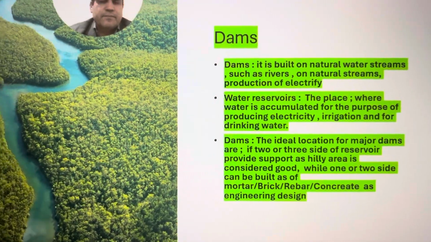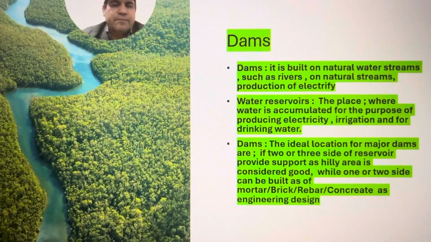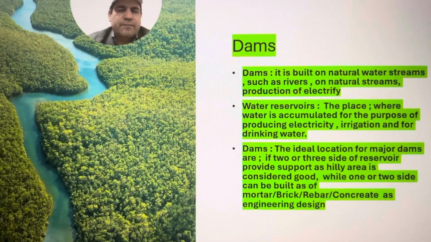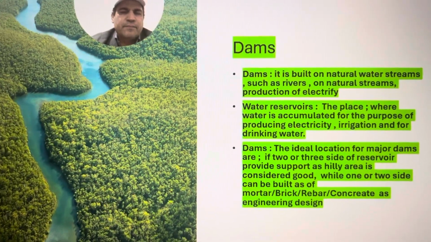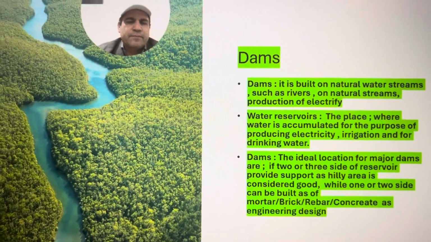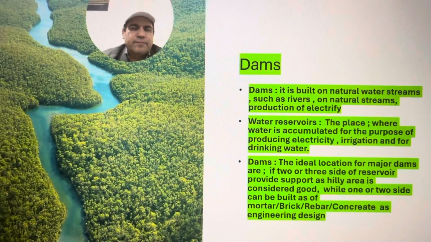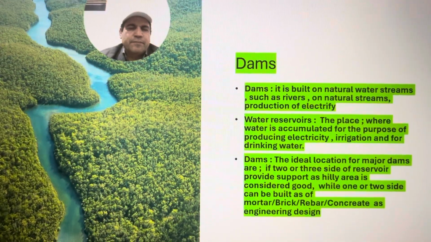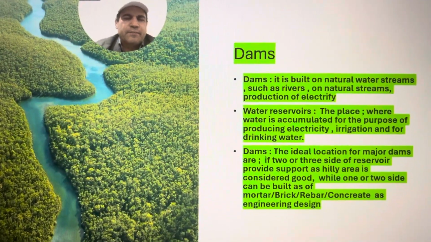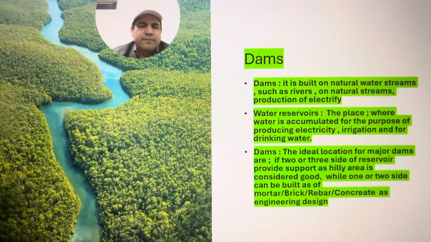This is the top purpose. The second is irrigation, and the third is drinking water. When we build a reservoir, we convert it to a dam. We raise the water level and build doors. So it's a kind of engineering technical thing.